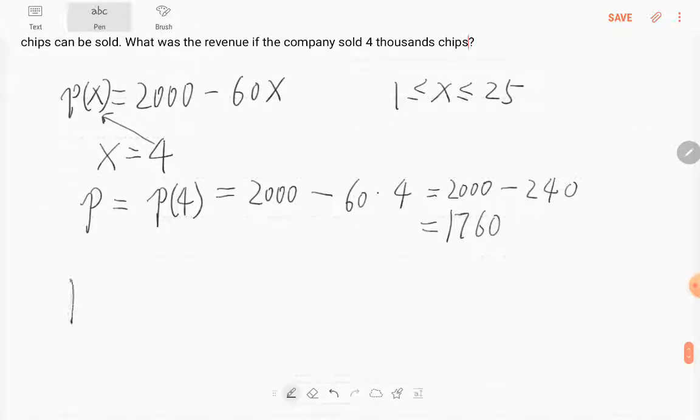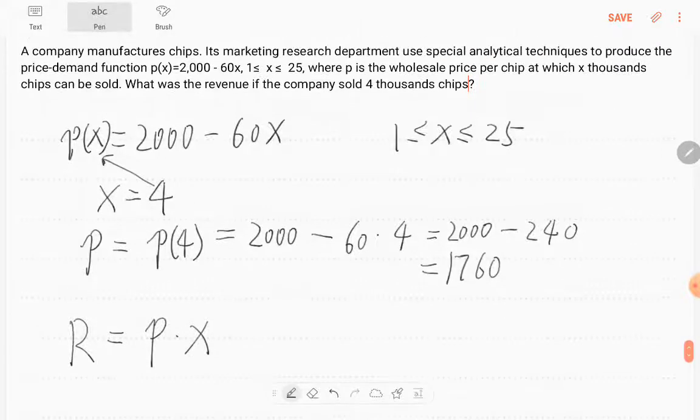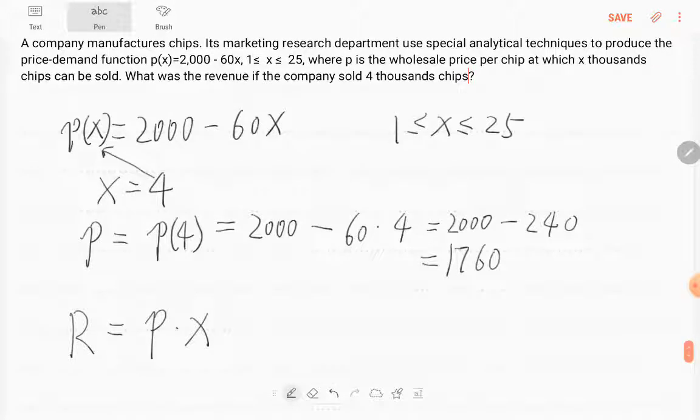So the revenue R is equal to the unit price times the chips they sold. Here the unit price for one chip is 1,760, times how many chips we sold? The company sold 4,000.